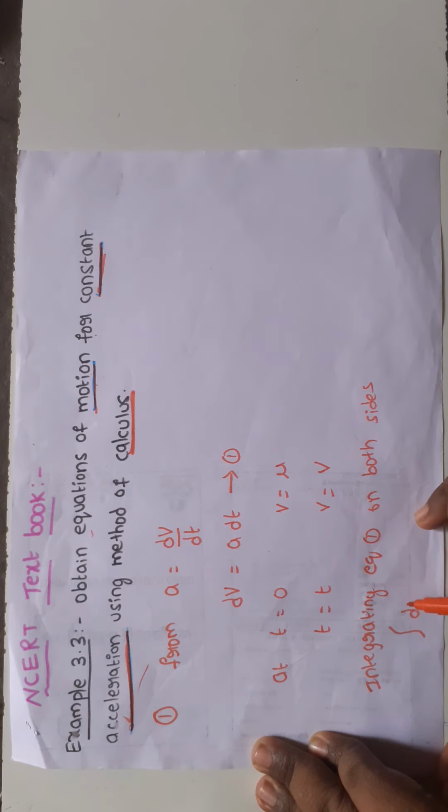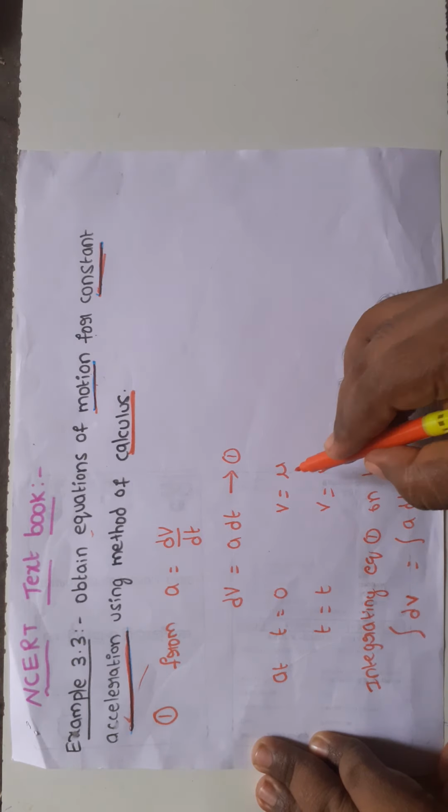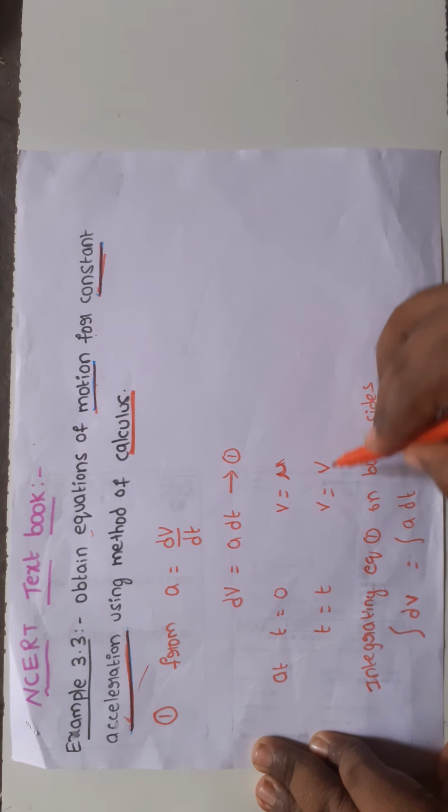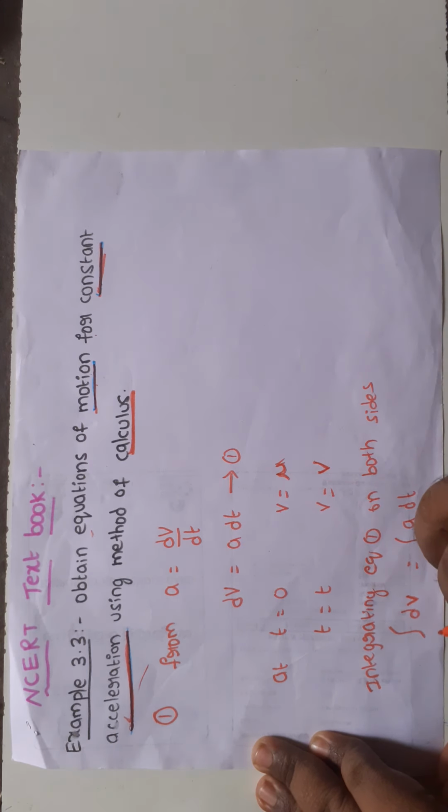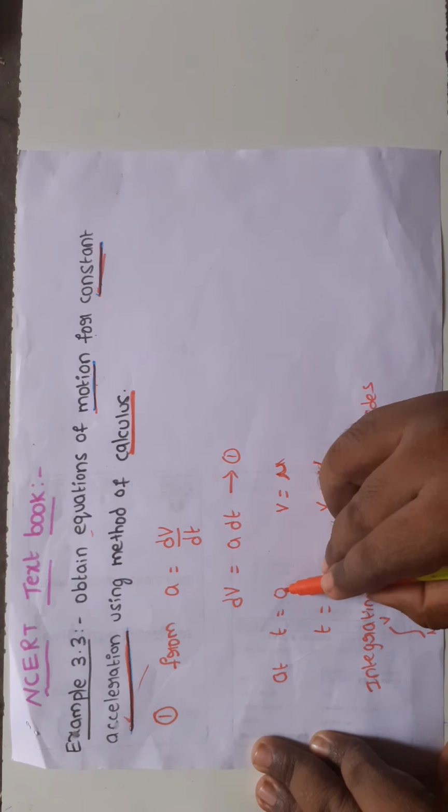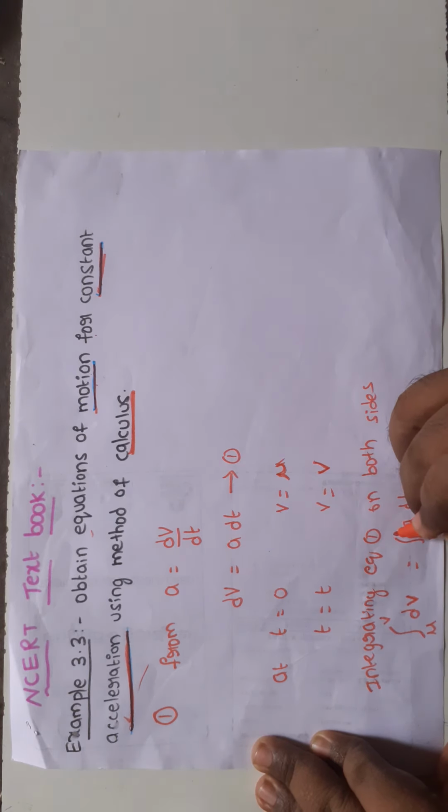Integral dv equal to integral of a into dt. Here the limits: dv means change in velocity. Velocity changes from initial velocity to final velocity. Here dt means change in time, so time changes from 0 to t.